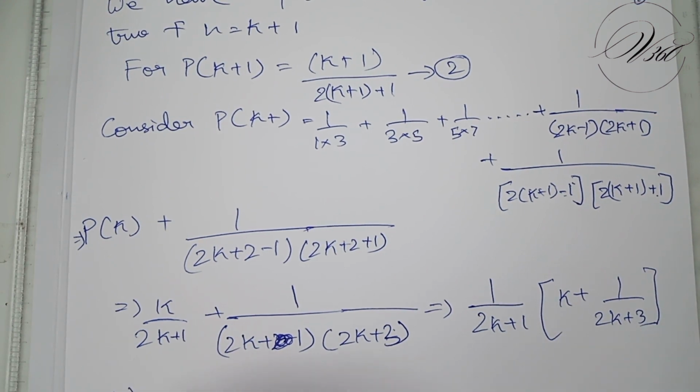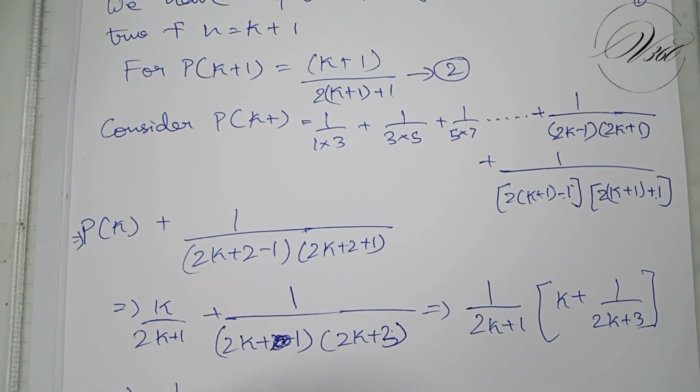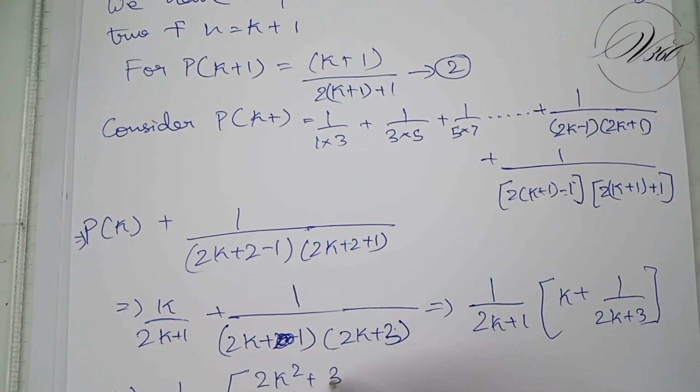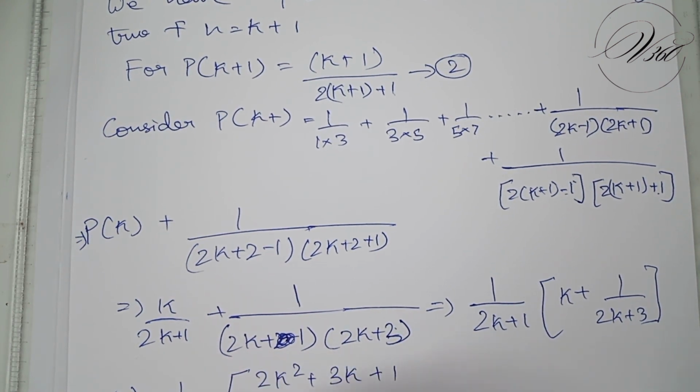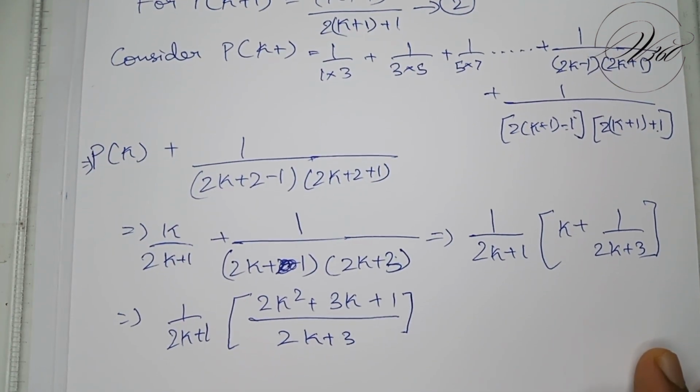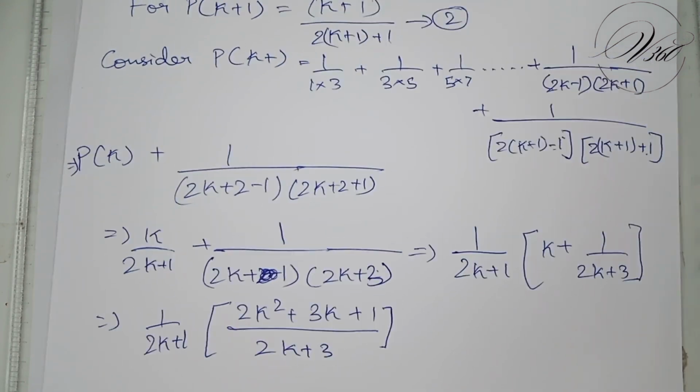Now here total I will get 1 by (2k plus 1) of (2k square plus 3k plus 1) by (2k plus 3). Oh, here you might see now this I have written now, okay?